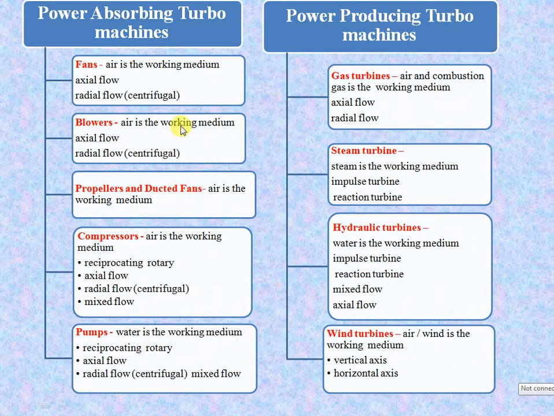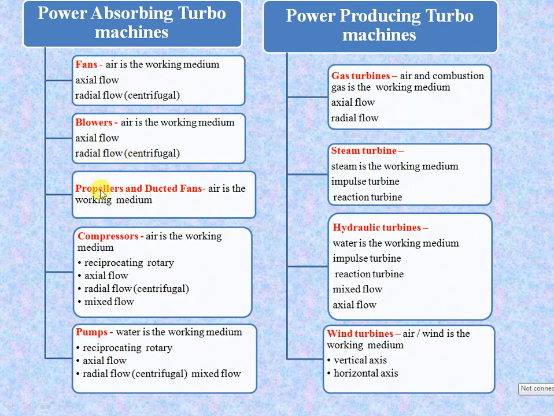Again here you can see different examples of power absorbing and power producing turbo machines. A fan is an example of a turbo machine. In a fan, air is the working medium, and axial flow, radial flow as well as centrifugal flow fans are available. In a blower, air is the working medium and the flow arrangement is axial, radial as well as centrifugal.